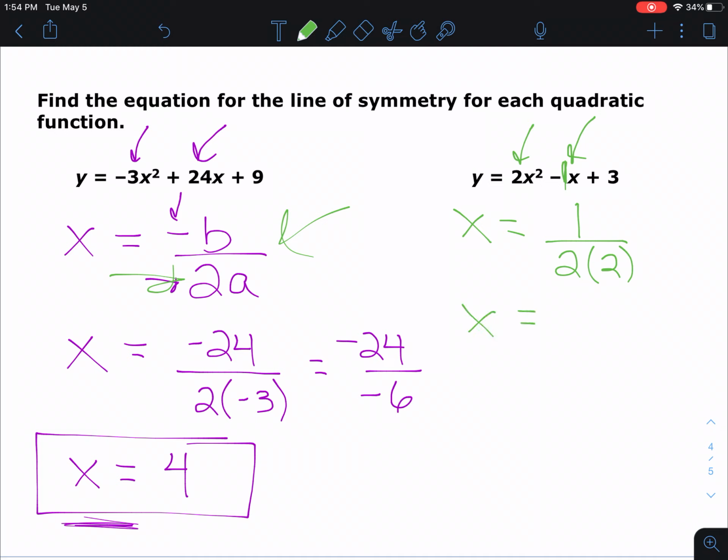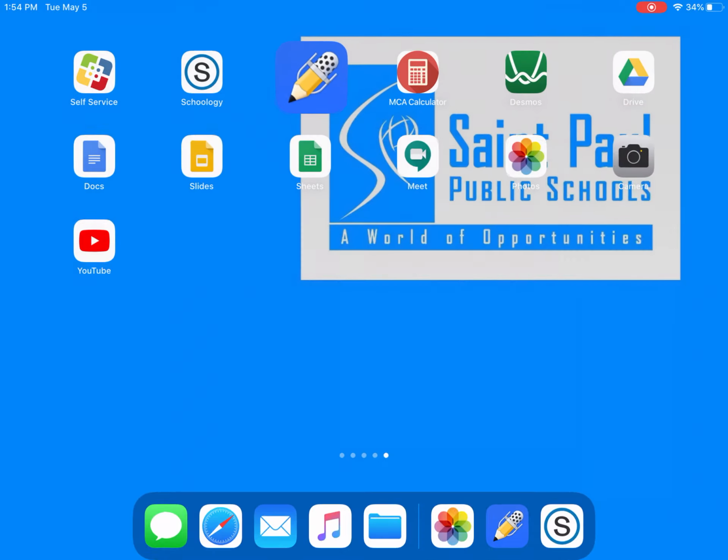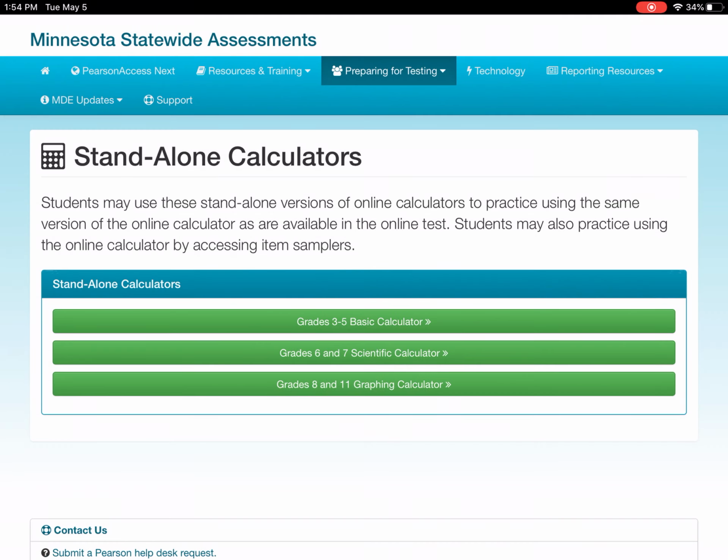Okay? And then I'm going to simplify the bottom. So I have 1 over 4. Now, if you have a fraction like this, you want to see if you can reduce that. So I have 1/4. You can leave it in fraction form. So let's just try that on our calculator. Pull that up real quickly.